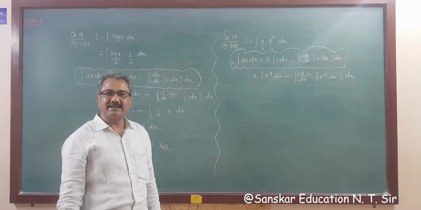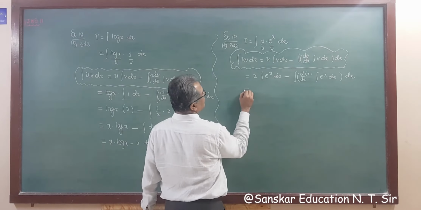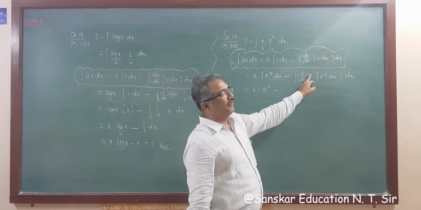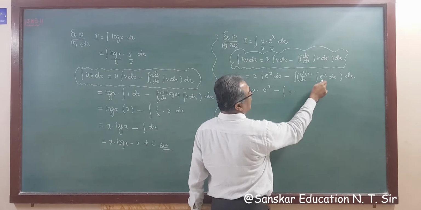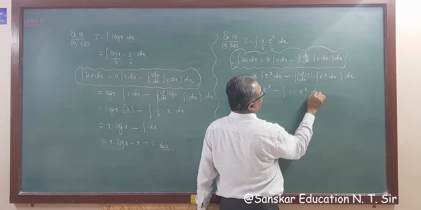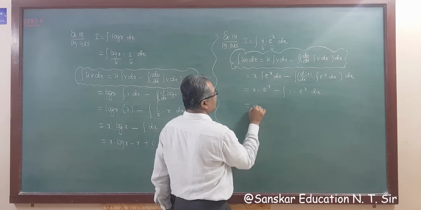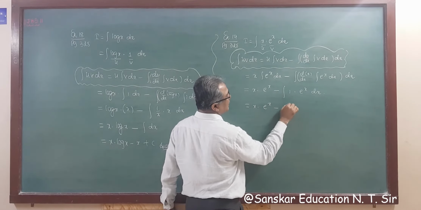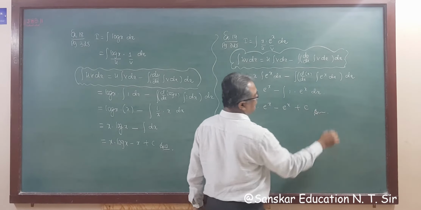Now simple integration. Integration of e raised to x is e raised to x, that you know. So this is x e raised to x minus the derivative of x with respect to x, which is 1. So integration of 1, with the answer of this being e raised to x, dx, right? So x e raised to x minus integration of e raised to x, which is e raised to x, plus c. So this is your answer.